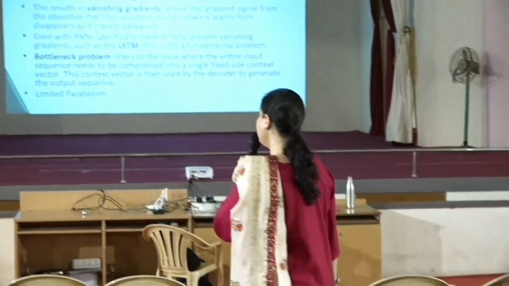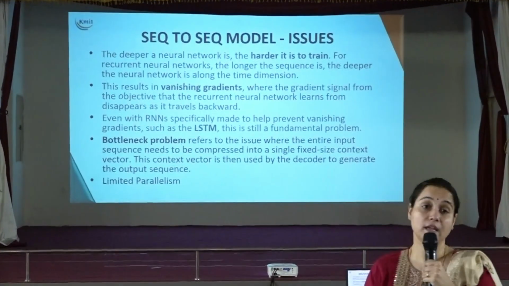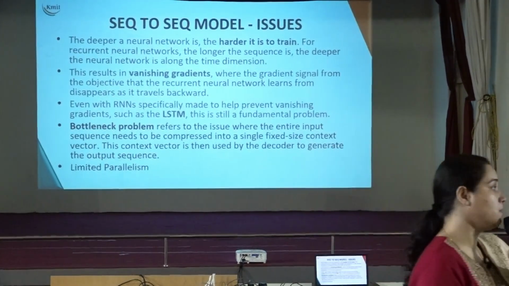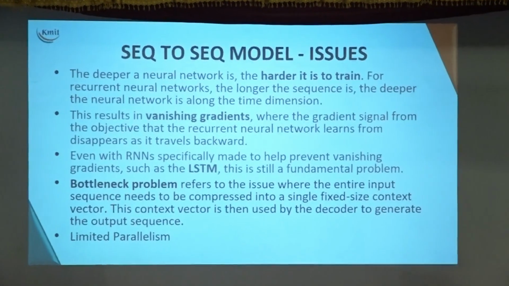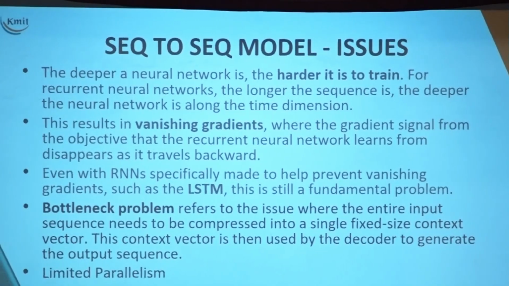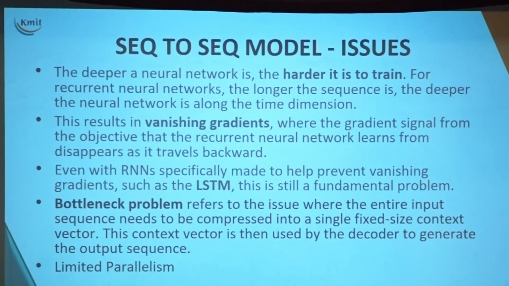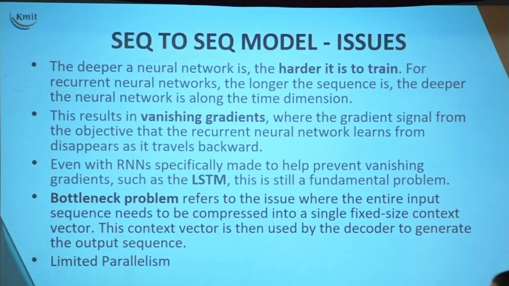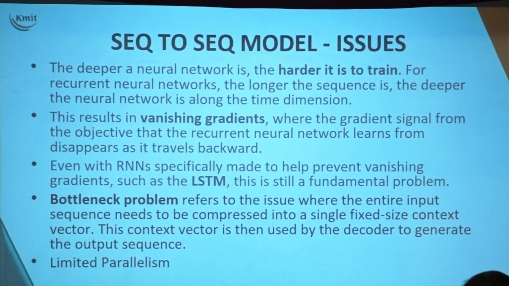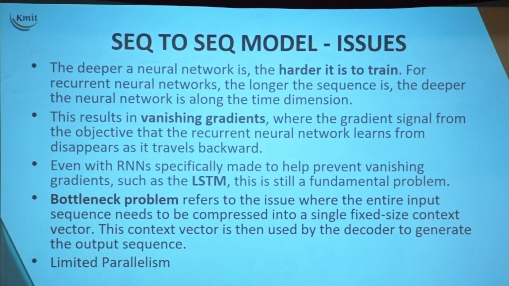Now, bottleneck problem, very important. There is this bottleneck problem in the sequence to sequence model. What is it? It refers to an issue where the entire input sequence has to be compressed into a single fixed size context vector. And this context vector will then be utilized by the decoder to regenerate your output. So that is your bottleneck problem. And as I told you, parallelism again is one of the problems.